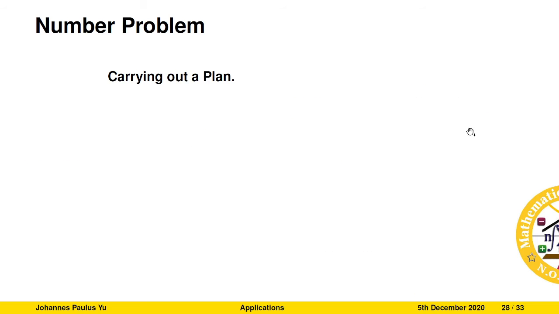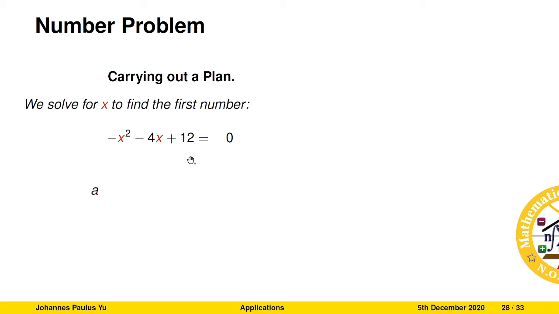We are now ready to carry out the plan. To carry out the plan, we have to solve for x using the general trinomial in order to find the first number. And the next, we will use the second representation of the second number. So we have negative x squared minus 4x plus 12 equals 0.